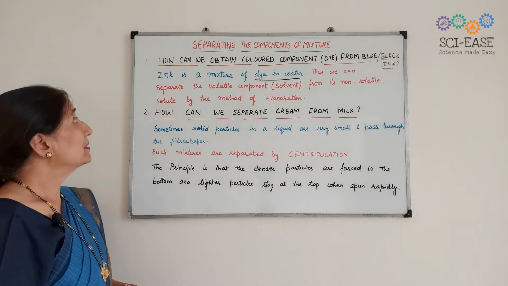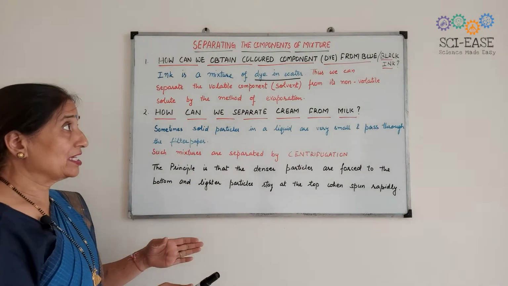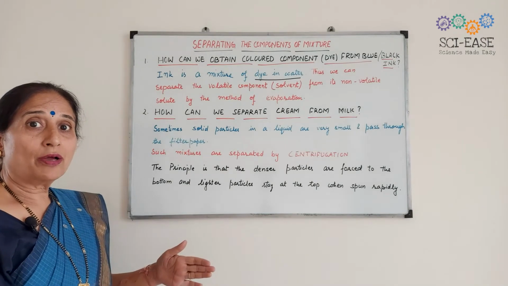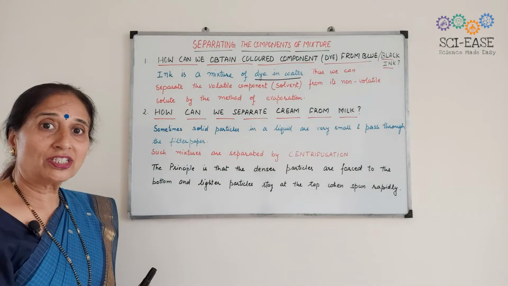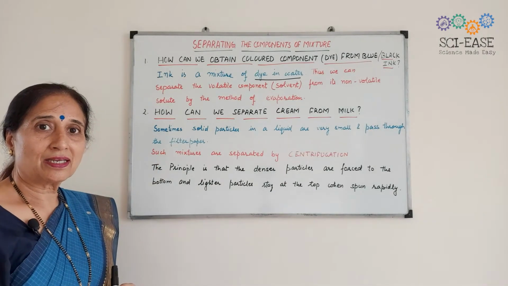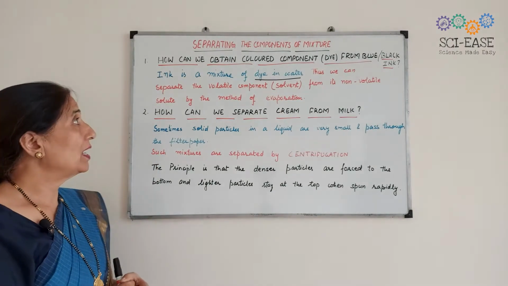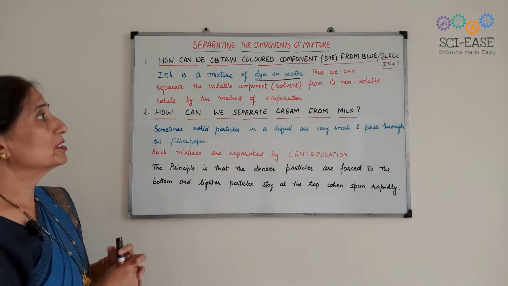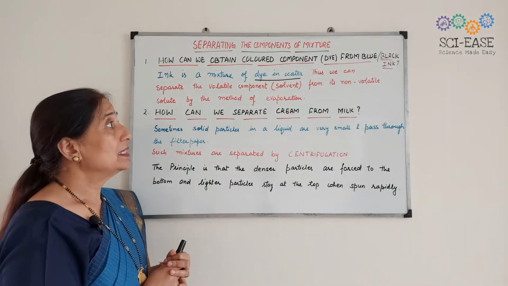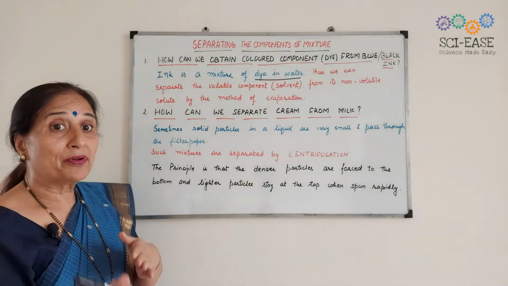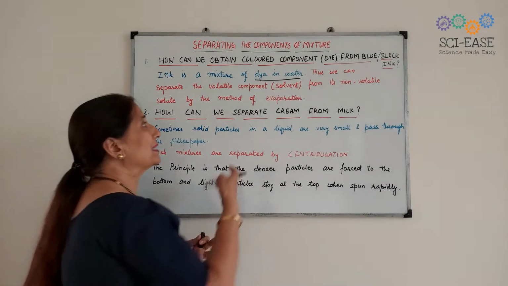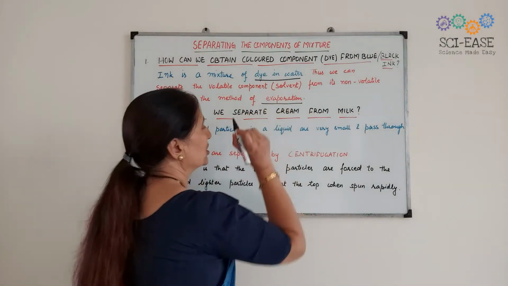Thus, we can separate it by heating the beaker on which the watch glass with a few drops of ink is placed. What you observe is that the volatile component, the solvent, is separated from the non-volatile solute by the method of evaporation.